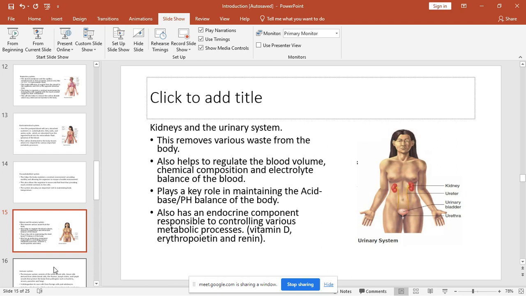The kidneys are very important from this perspective. We also know that the kidneys play an important role in maintaining how many protons, hydrogen protons, are in your blood, and indirectly helping you maintain an optimum pH at which your body will function optimally.